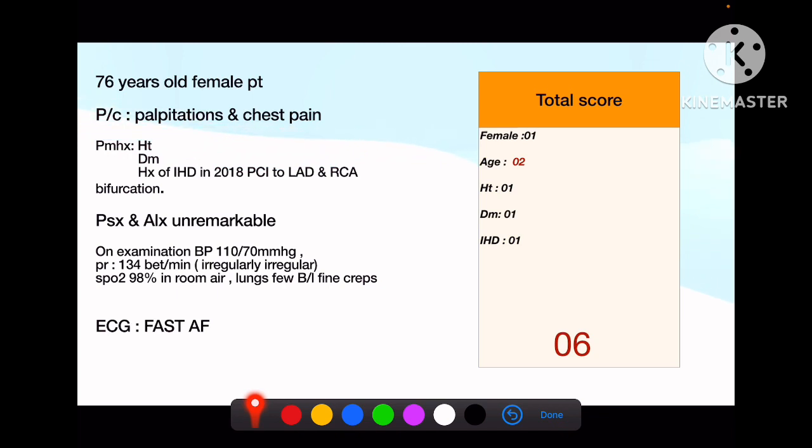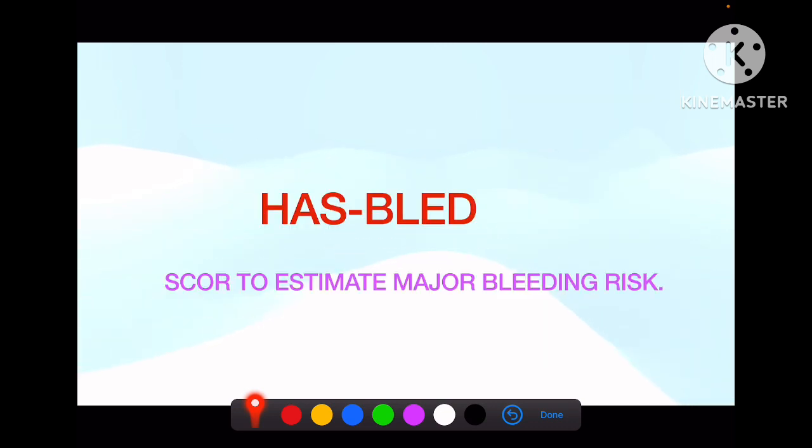But here another score system is there. We call that the HAS-BLED scoring system. This HAS-BLED scoring system will assess the risk of bleeding in your patient.